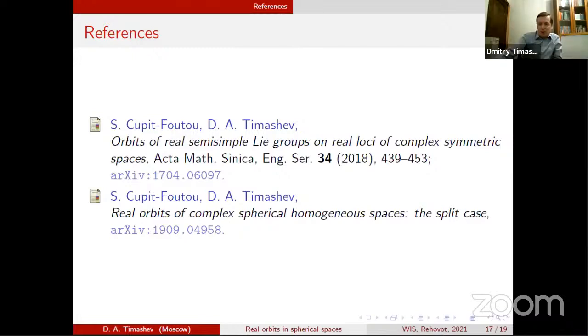I can comment on it. I know this work. What they do in the split case amounts to what Knoop did in 1995. Nothing new. In the non-split case, and even the non-quasi-split case, you may not have a Borel subgroup defined over the real numbers. You replace it with a minimal parabolic subgroup defined over the base field.